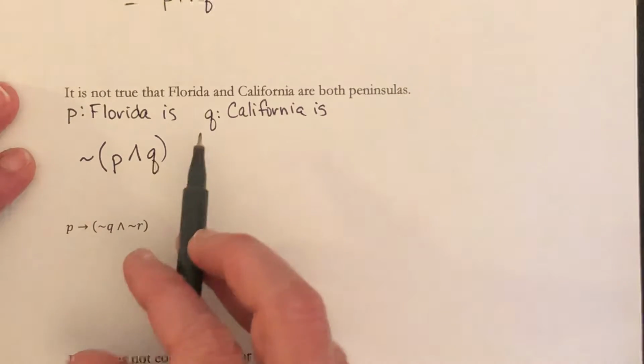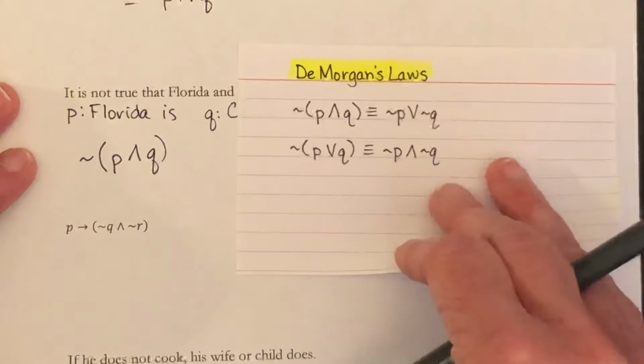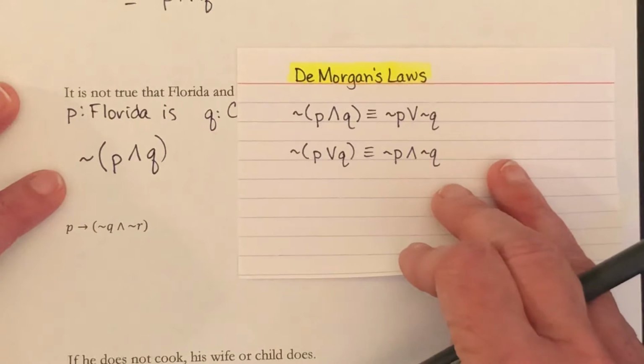So I have a classic De Morgan law here. We don't even have to change letters or do much work.